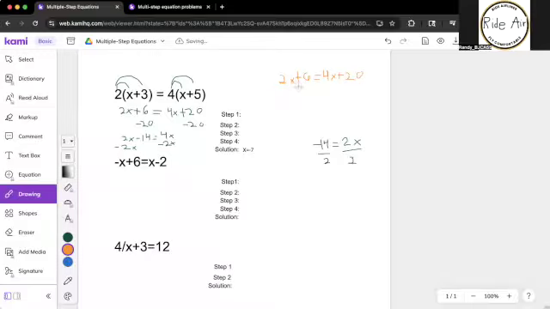Now we will subtract by 6 this time, which will give me 14 once again, equal to 2x. Now I'm going to subtract 4x on both sides.